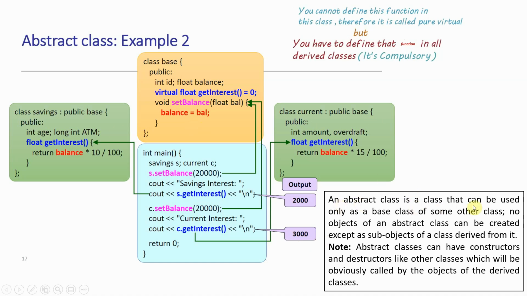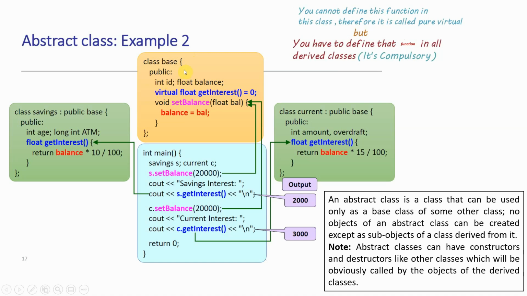An abstract class is a class that can be used only as a base class of some other class. No objects of an abstract class can be created except as sub-objects of a class derived from it. Note that abstract classes can have constructors and destructors like other classes. So although you cannot instantiate any object of this class, you can have constructors and destructors.